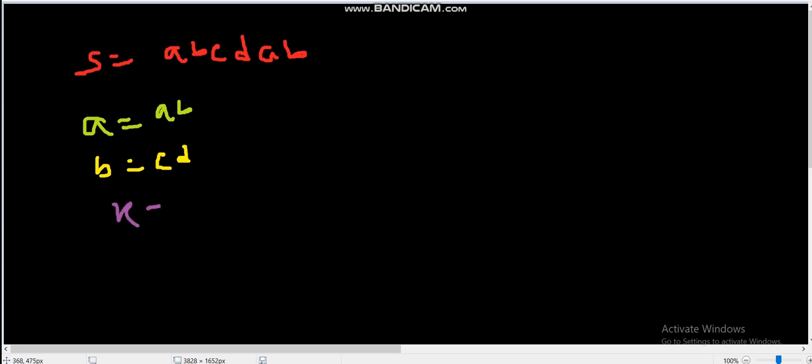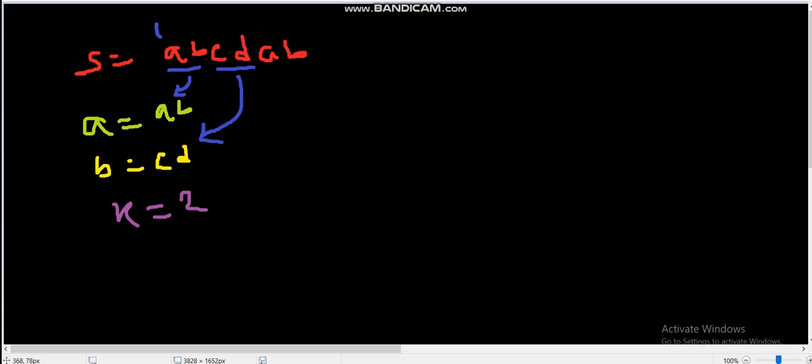So we have to match some substring from s to a, and we have also to match some substring of s to b, right? So here you can see that the substring from 0 to 2 is matching with a, and the substring from 2 to 4, if you are using zero based indexing, is matching with b.